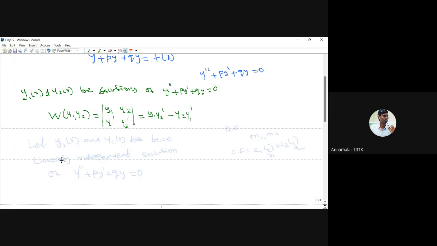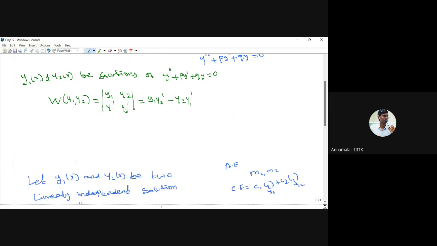If at some point x the Wronskian of y1 of x and y2 of x is non-zero, then these two solutions are linearly independent.